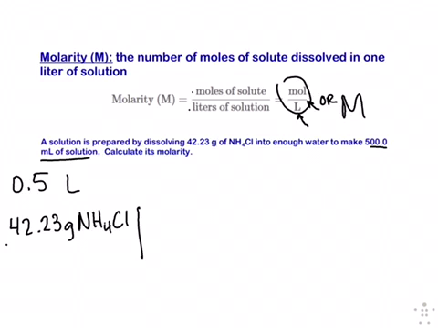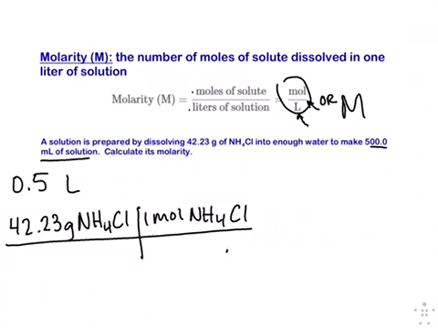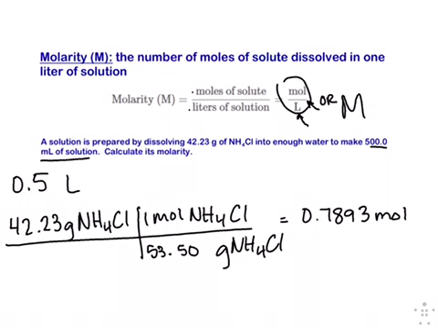Then we need to convert the 42.23 grams of ammonium chloride into moles. So 1 mole, and how do we figure out the grams? Add all of the masses. So 1 nitrogen plus 4 hydrogens plus 1 chlorine gives you about 53.5 grams. When you run the math here, it's 0.7893 moles of NH4Cl.